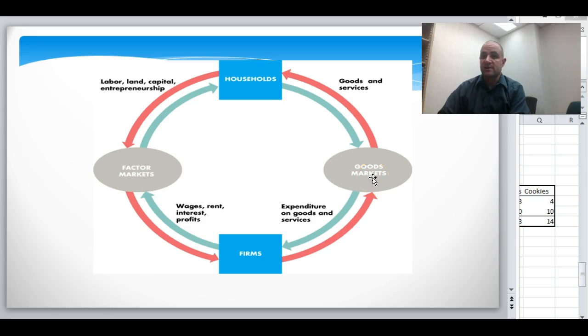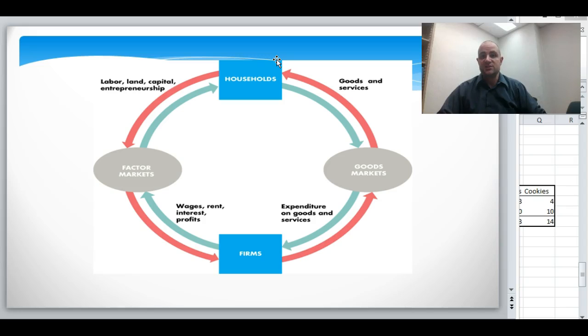In the goods market, households go there to buy goods and services, to buy their food, their construction needs, their electronics, and so forth. Those goods are produced and brought in by the firms. So the firms bring the goods and services into the goods market, and they go to the households.